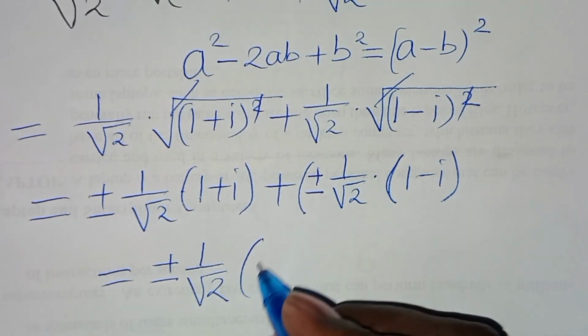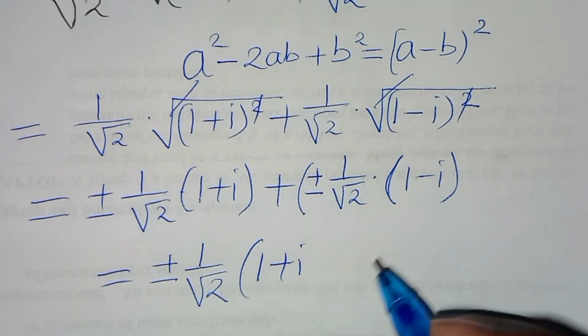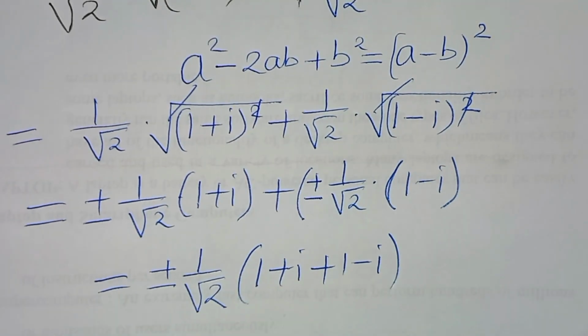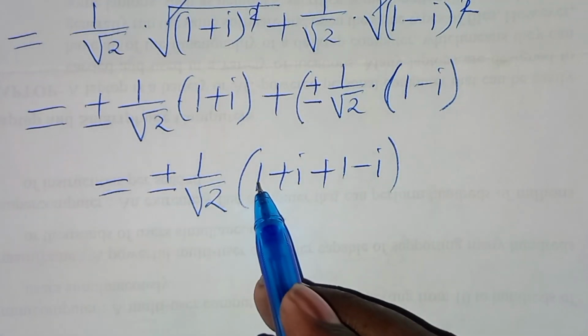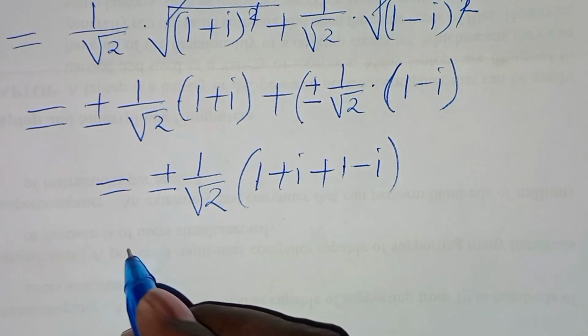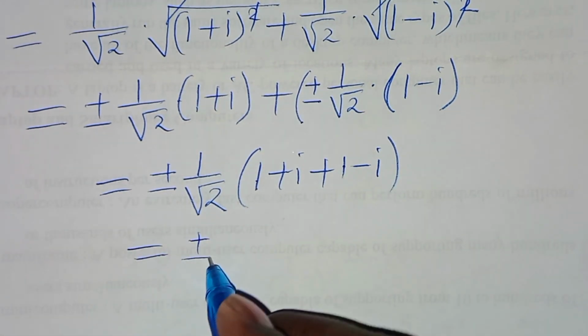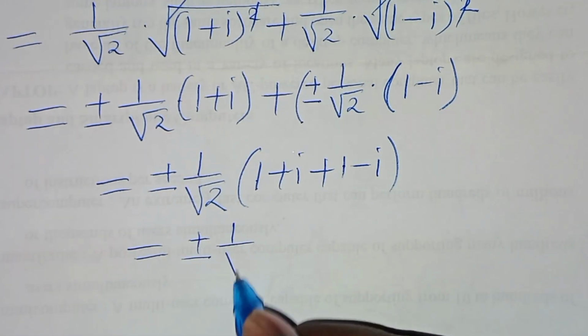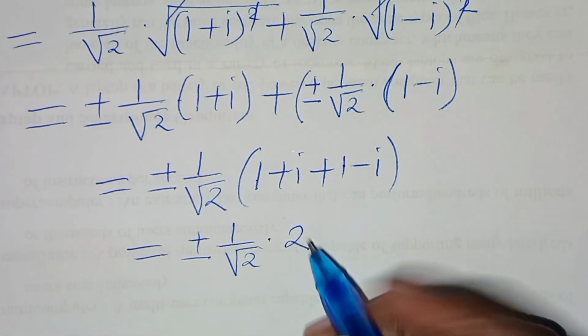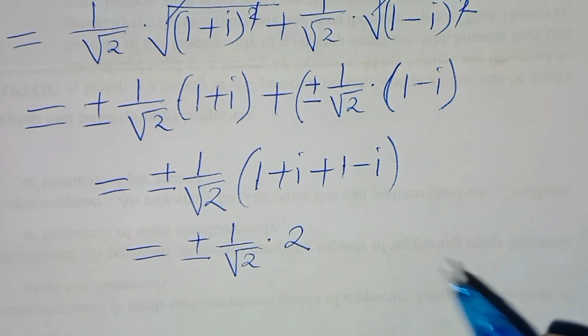And therefore here we will have 1 plus i plus 1 minus i. So here we'll have 1 plus 1, which is 2. i minus i simplifies. So we'll have plus or minus 1 over square root of 2 multiplied by 2, because 1 plus 1 is 2.